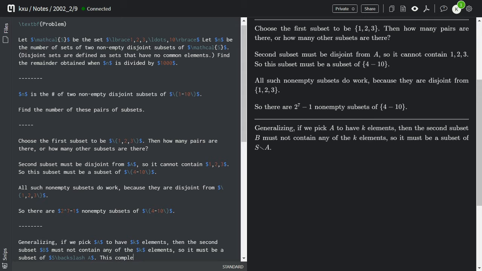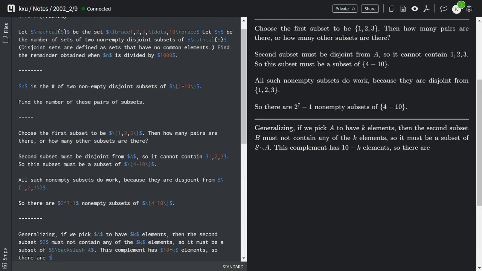Well, there are 10 elements in S and k elements in A, so there are 10 minus k elements. So there are 2 to the 10 minus k, minus 1 non-empty subsets of the complement.